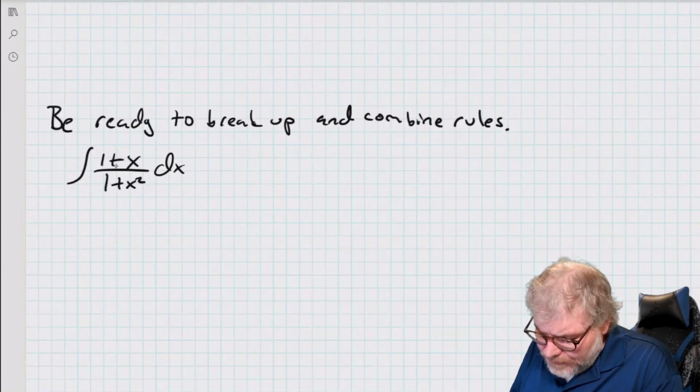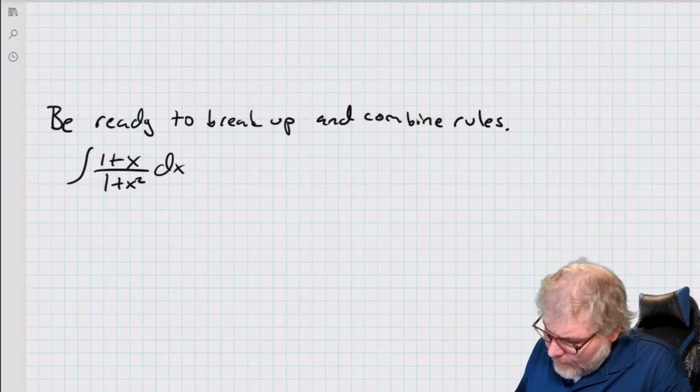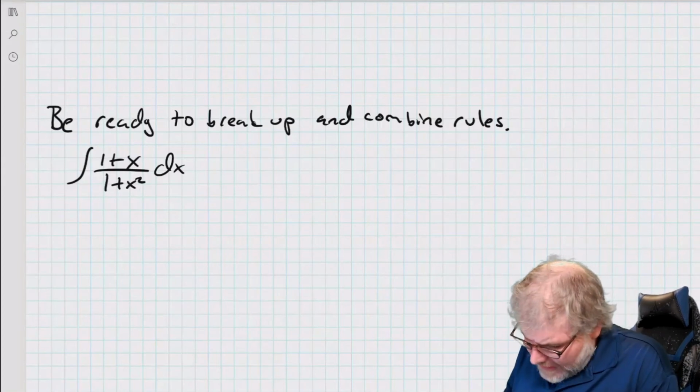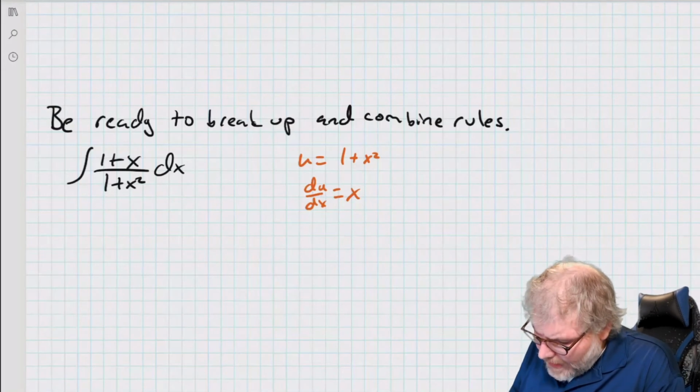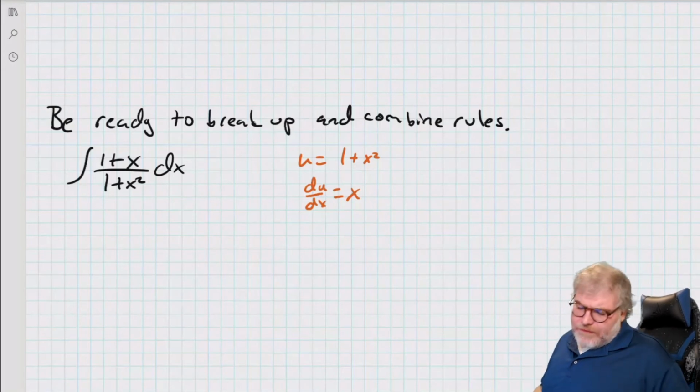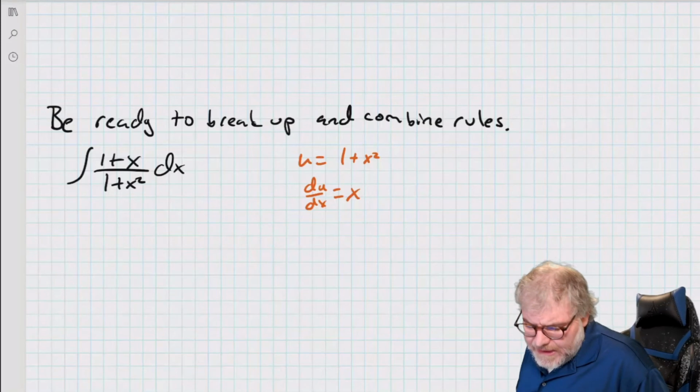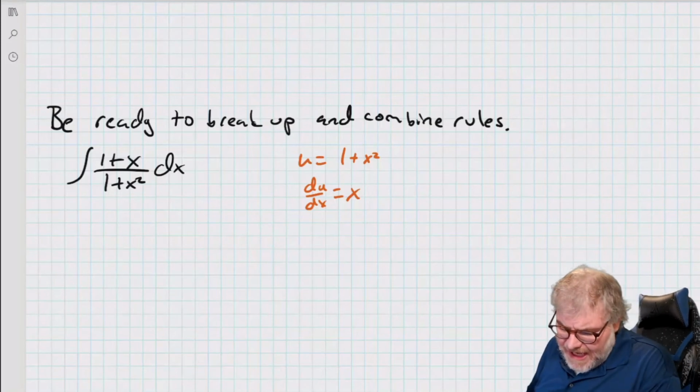I've got 1 plus x over 1 plus x squared. Now, let's try some things. I'm using my old rules. I'm going to say u is the thing on the bottom. Du over dx is then 2x.